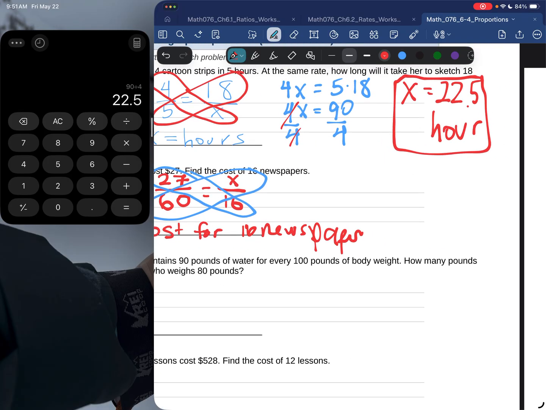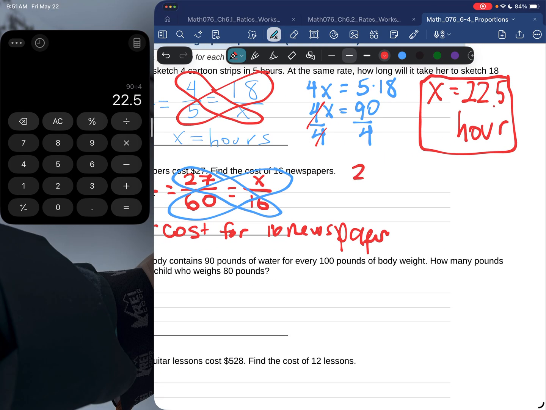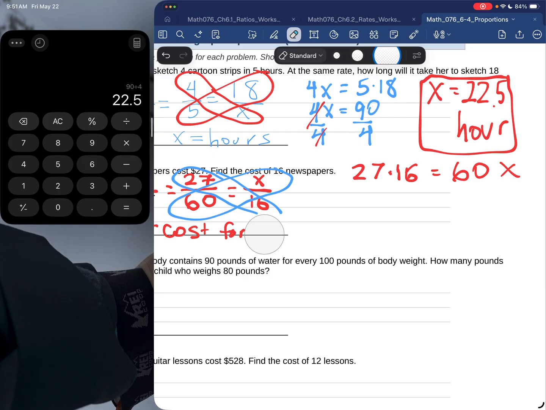Okay, now I need some space. 27 times 16 equals 60x. Okay? I'm going to erase a little bit of this cost thing down here for x, so I got a little bit more room to work.